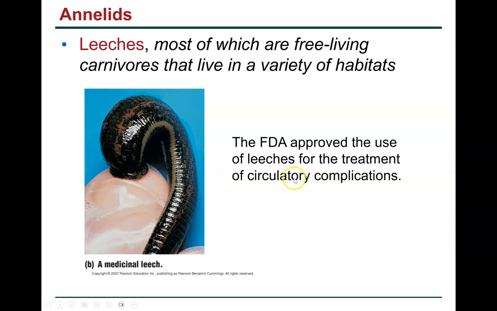These guys are actually approved by the FDA for use in the treatment of circulatory complications. So if you have a wound, the leech actually puts out enzymes that are beneficial so that the blood doesn't clot.